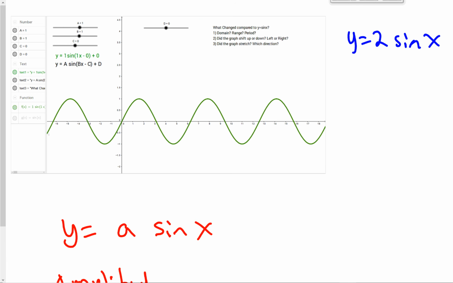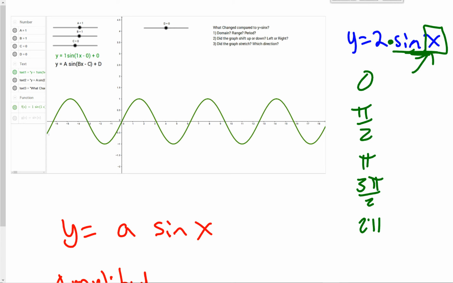Okay, so what if it's not just plain sine? What if it's sine of some angle, and then I multiply it by a number? Well, that's not going to change my x's. So my x's are still 0, pi halves, pi, 3 halves pi, and 2 pi. But my y values will change.